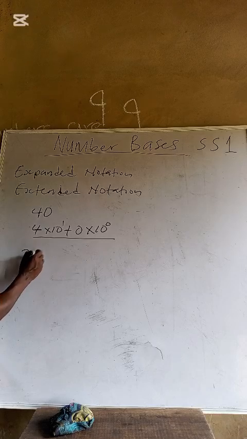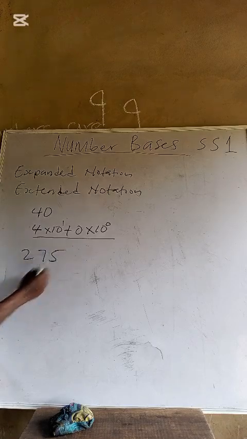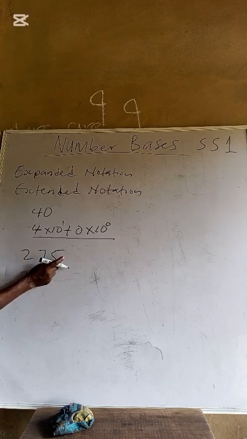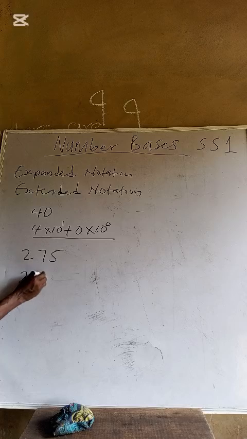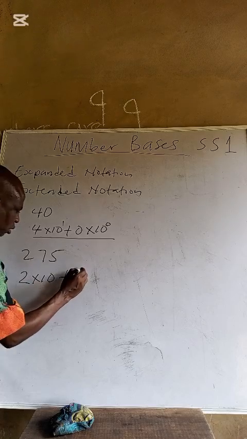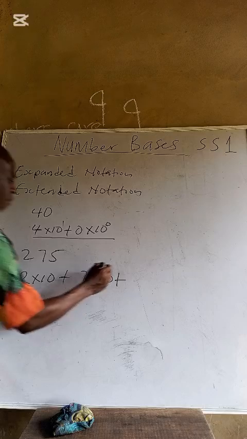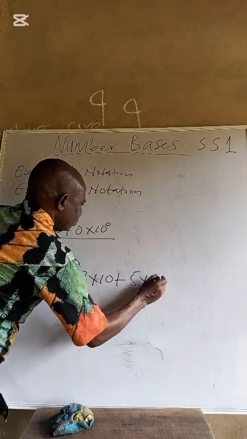If you have 275, you write 2 first, times 10, plus 7 multiplied by 10, plus 5 multiplied by 10.